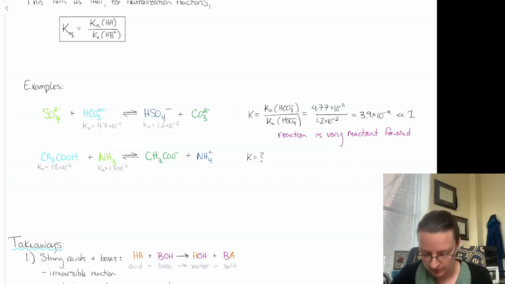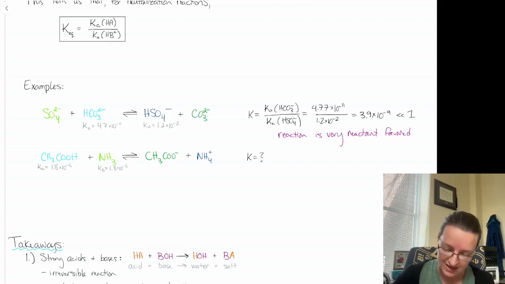The second example is a little bit trickier because notice I was not able to find in the textbook any information about the Ka value for ammonium.